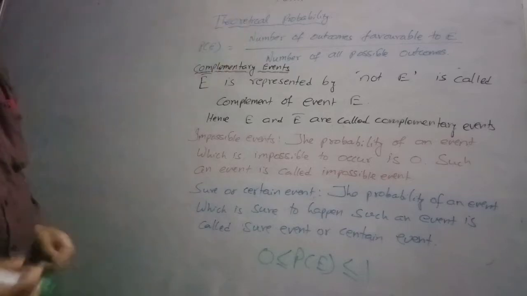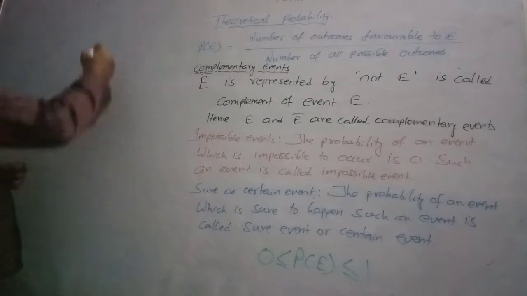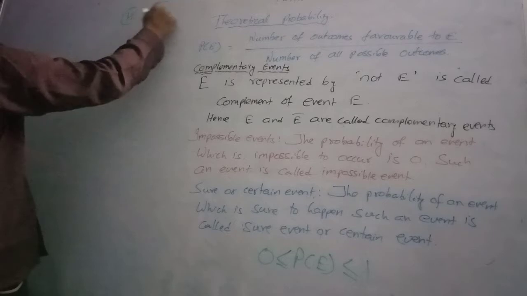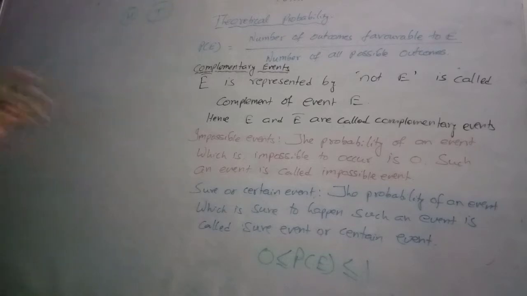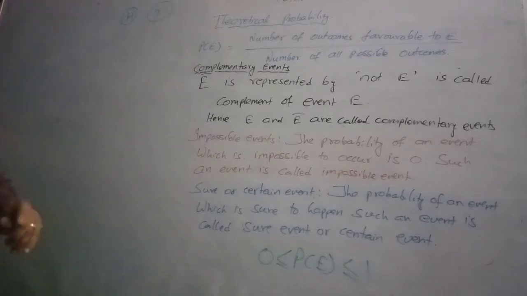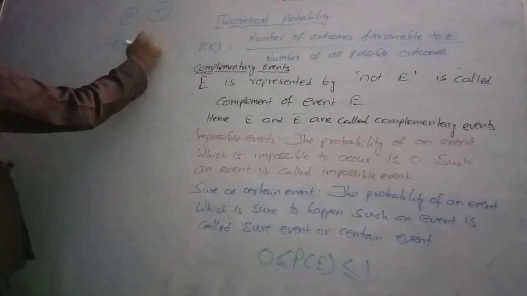Now let's learn about theoretical probability. There is a coin, with one side head and the other side tail. If I throw a coin once, what is the probability of getting a head? The probability of getting head is 1 by 2.